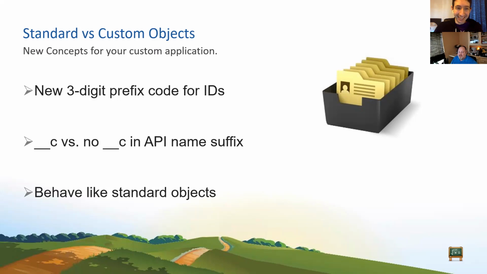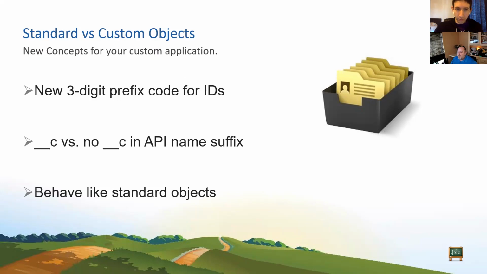Account is such a basic object, and the behind the scenes API name for accounts is Account. If I made a new custom object and called it account, the system would automatically add _c to it, and it would be different and unique from the regular Account without the underscore. Now, obviously, you wouldn't want to do something like that, but that does happen.